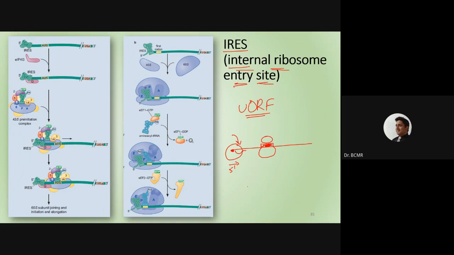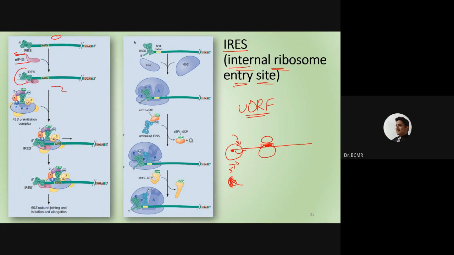Here, the mRNA is thought to fold into a certain structure, and to that structure you have the binding of eIF4G. What you're seeing, like a knot-like structure, is the mRNA folding into a structure.